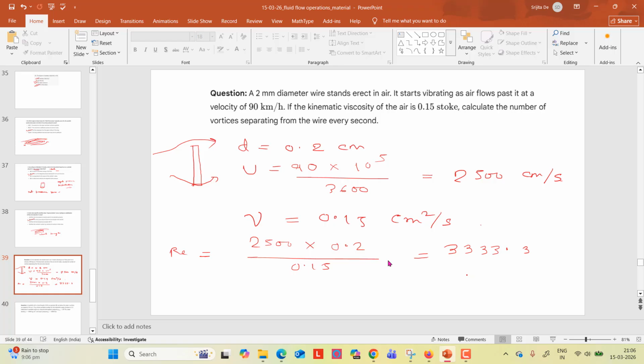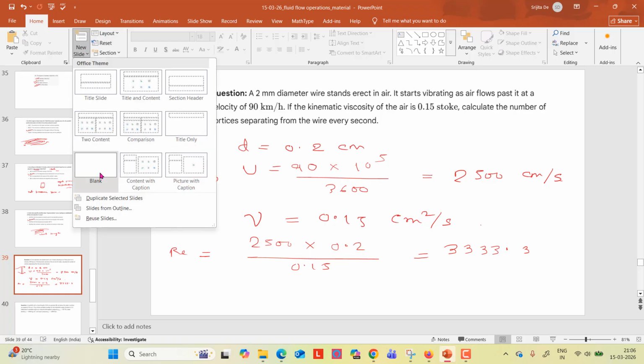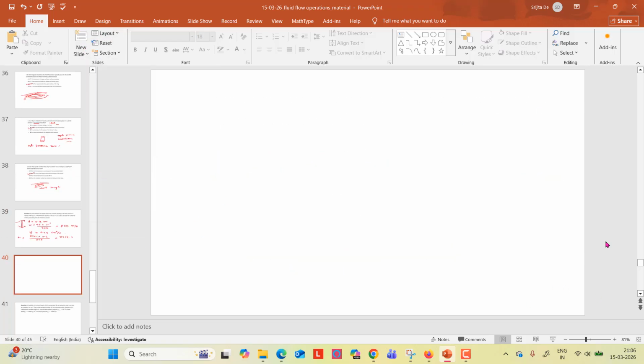So now we can calculate from the equation that is given in the first PDF, where you can calculate the number of vortices per second. The formula was n equals 0.198 U by d into (1 minus 19.7 by Re).